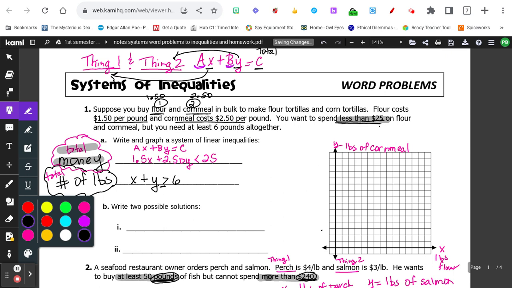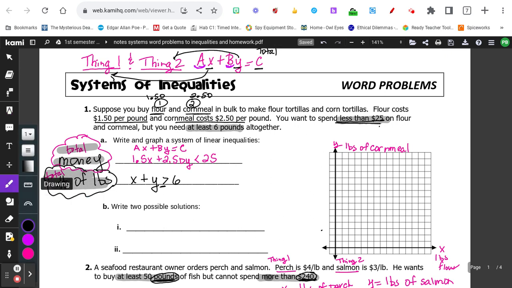That's money. And then it says, but you need at least 6 pounds altogether. So that tells me what type of equation goes there. Okay. So I wrote that $1.50 goes with X plus $2.50 with Y. I can drop the 0, guys. Let's just put 2.5Y.